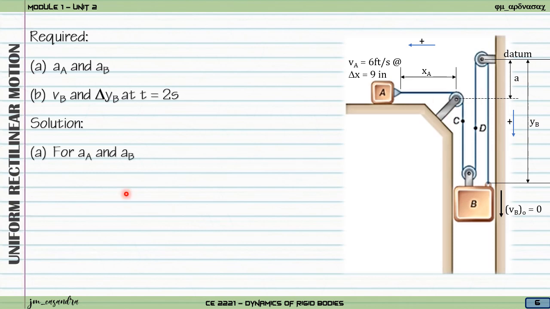So for our equation for the accelerations of A and B, from the diagram we can now get that the total length is equal to 2YB plus (YB minus A) plus XA. So we have 2YB plus YB, and then the YB minus A and XA.